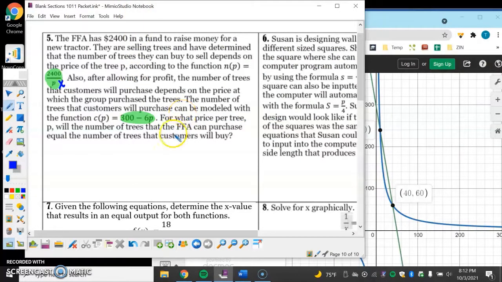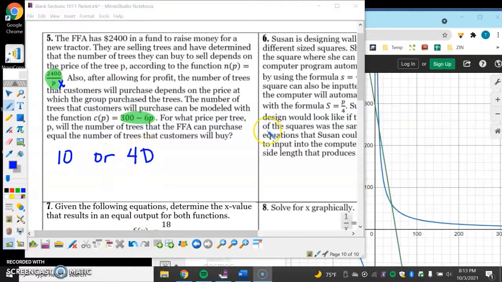And let's look specifically at what this asks us. For what price per tree? Looking back at this, is the price per tree going to be the X value or the Y value? The price per tree is the X value, so we're going to look at the X values. The X values we got were 10 and 40.